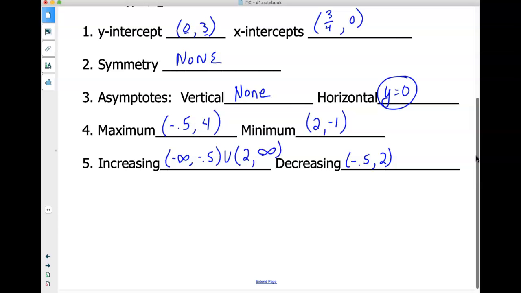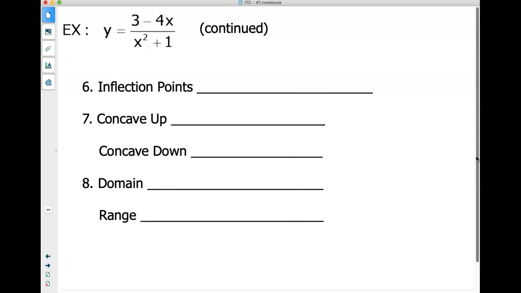So I go from negative infinity to negative 0.5, then negative 0.5 to 2, and then from 2 to infinity. I kind of track these all the way across.